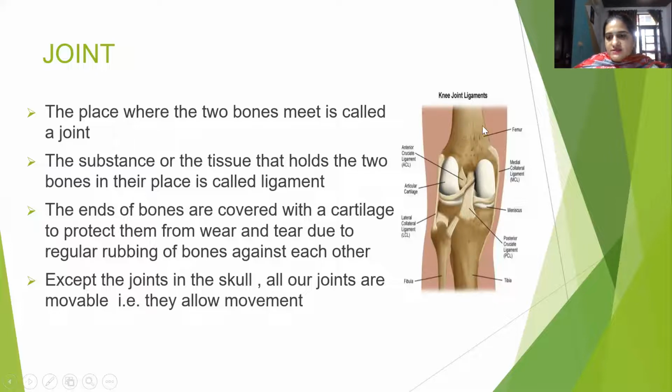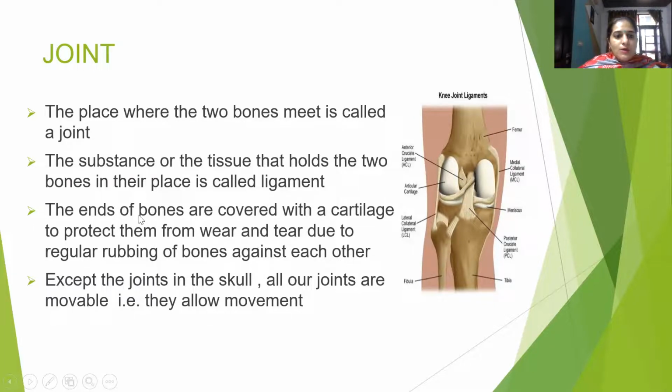This is the femur, and this is the fibula and tibia. The fibula is the thinnest bone and the tibia is a little thicker than the fibula. You can see in the diagram, above that, these tape-like structures. These are the ligaments. Ligaments help to join or tape the two bones together.